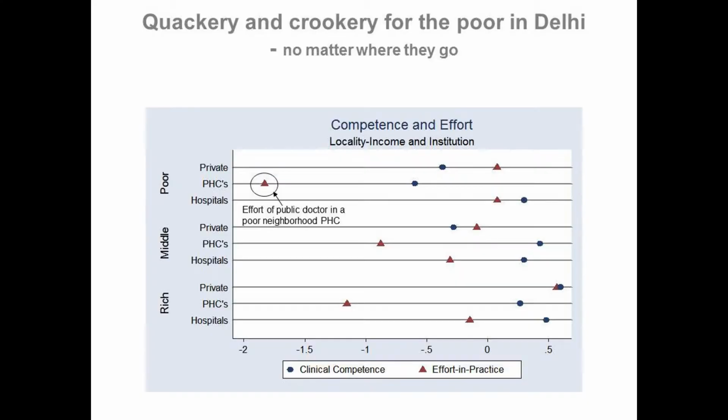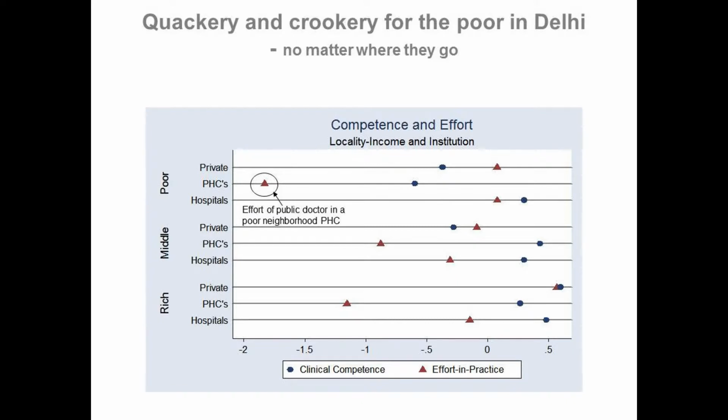And the eminent Indian economist that I was referring to likes to say that the private sector has a lot of quackery and crookery. I'm saying all poor people face doctors who are doing that. On this diagram, the x-axis is the standardized scores. Everything is a mean of 0, standard deviation 1.